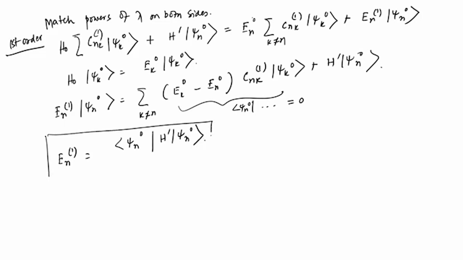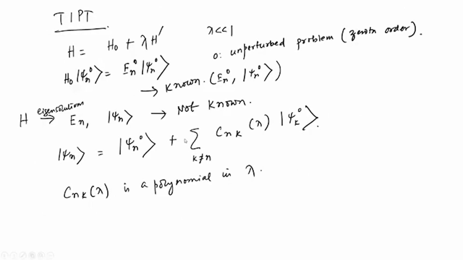Even though the calculation seems a little messy, what you get is that the first order correction to energy is nothing but the expectation value of the perturbation term that you have started with. The perturbation term is here, H 0 plus lambda H prime. The lambda H prime is the perturbation term. The lambda is just a dimensionless number.